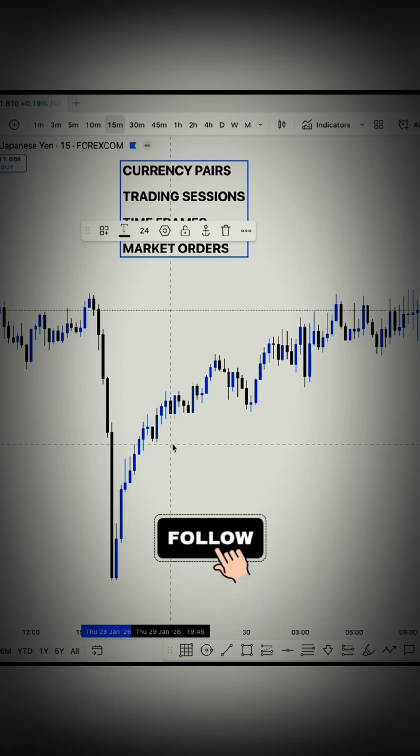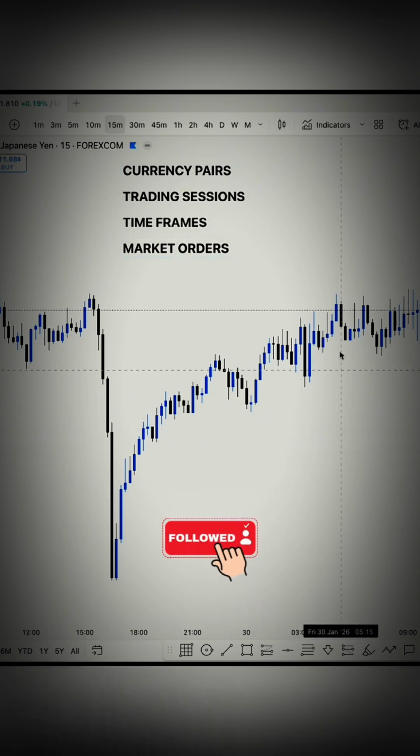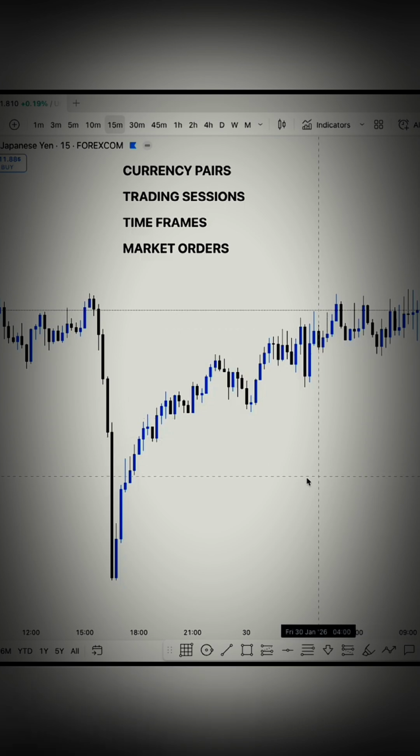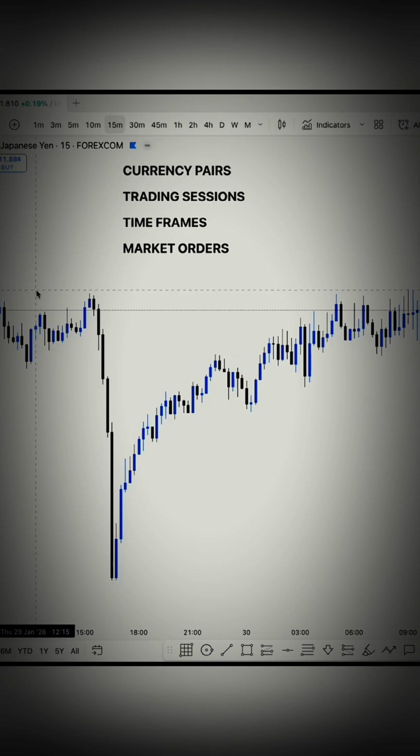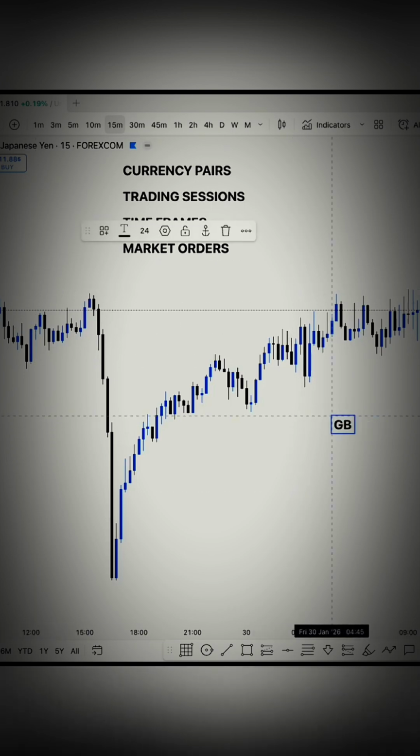So whatever is happening in their currencies is represented on this chart. That is why it is called currency pairs, because two currencies must be paired together. So this is the one we are looking at now, GBP JPY. Two currencies must be paired together.